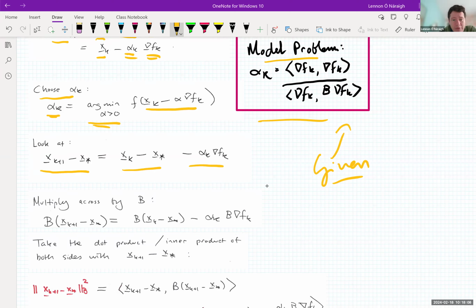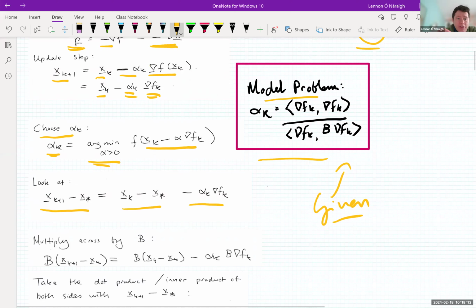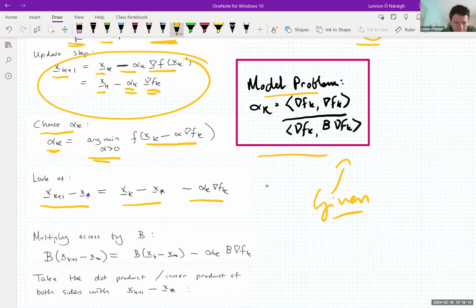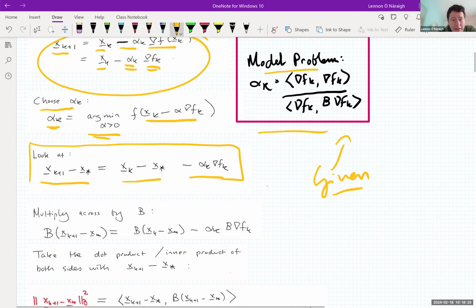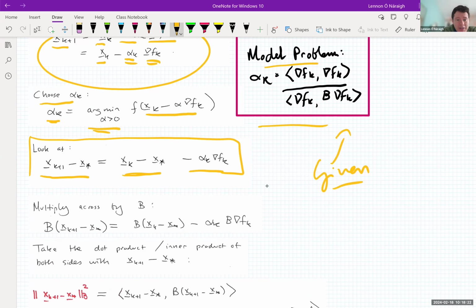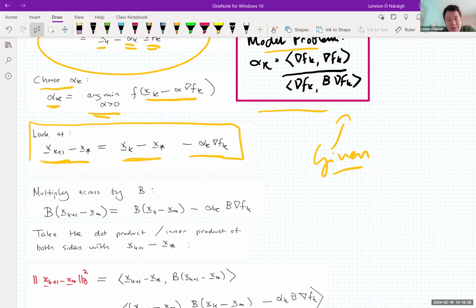That's just obtained by subtracting x star from both sides of the update step. So this is a key expression, telling us how much closer we get to the minimizer in going from one update step to the next. And this is going to be the key expression that gives us the convergence rate.